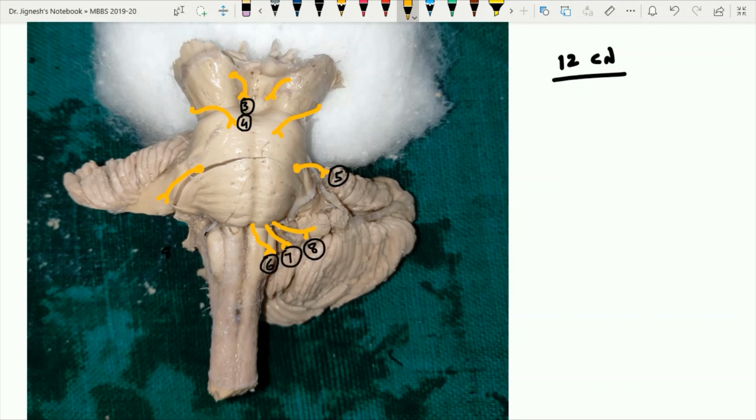The ninth, 10th, and the cranial part of the 11th cranial nerves come out from the post-olivary sulcus. Here, this is the olive of the medulla oblongata, and this one is the pyramid of the medulla oblongata.